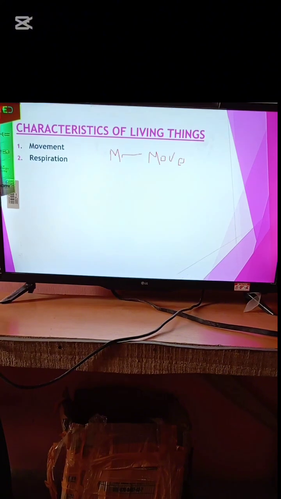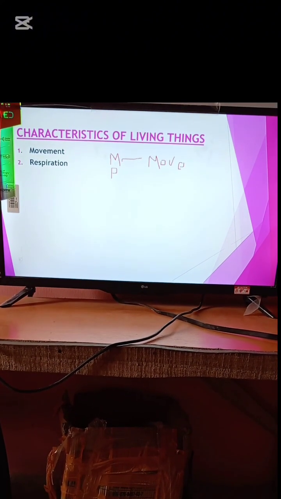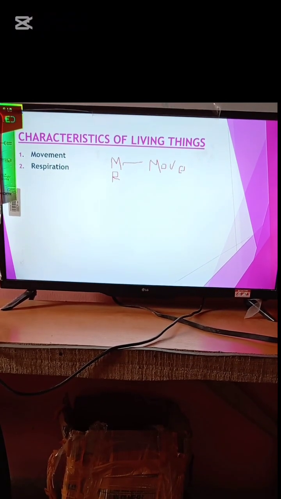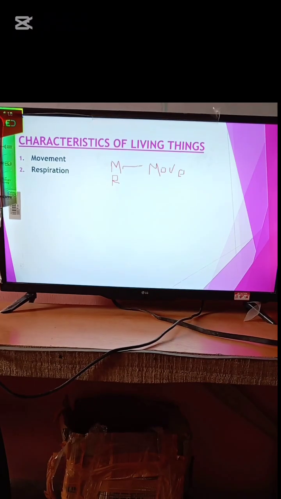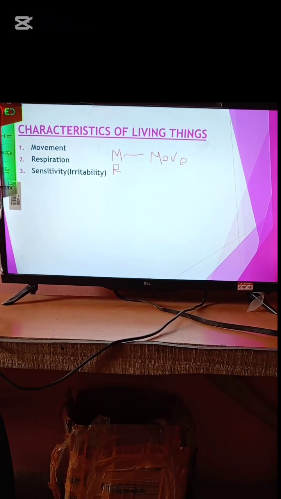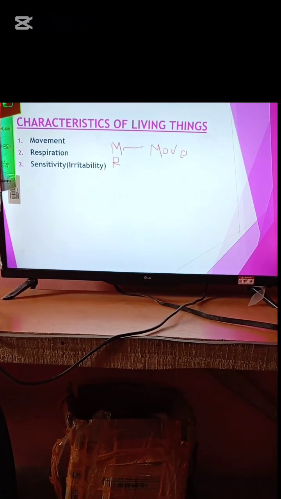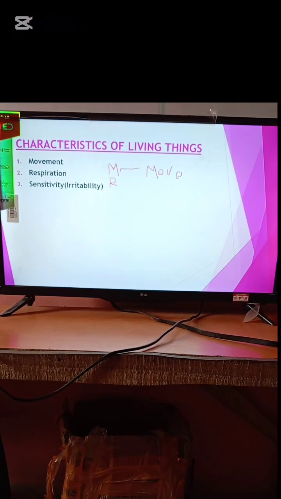The next one is R. All animals can respire. The next one is S, sensitivity. That is the ability of an organism to respond to changes in its external environment.